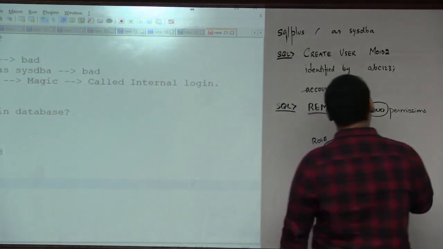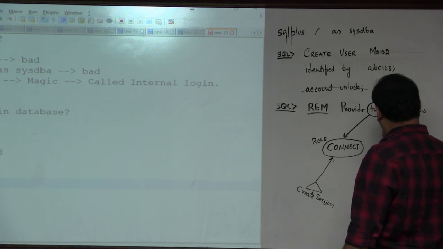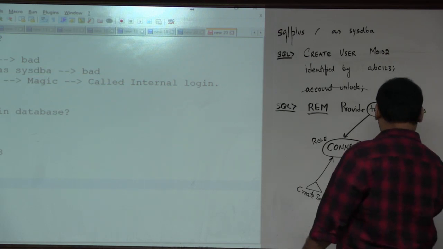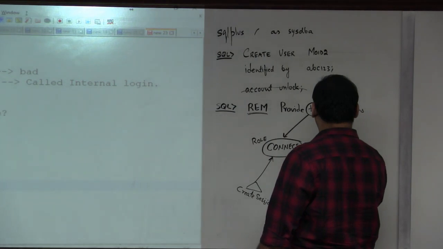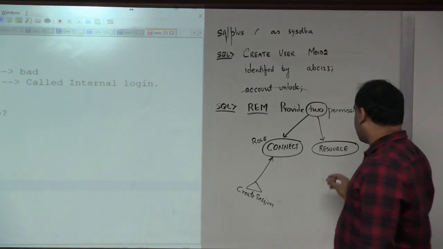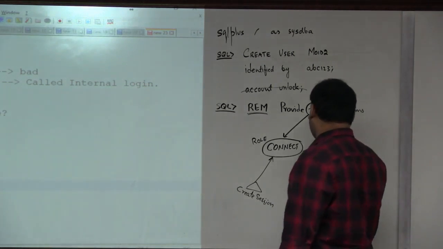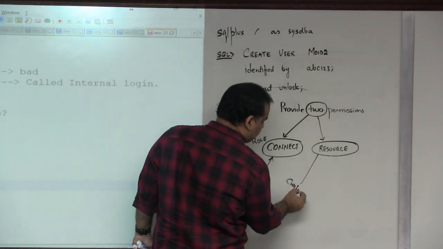Then the second permission is called resource. This resource permission has a bunch of extra permissions.